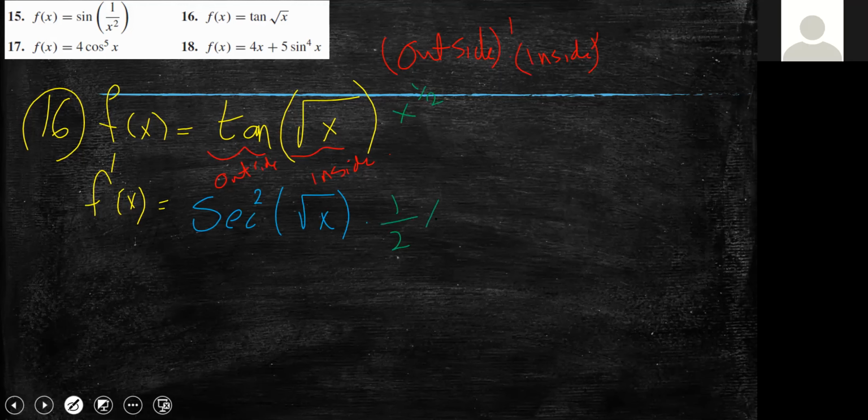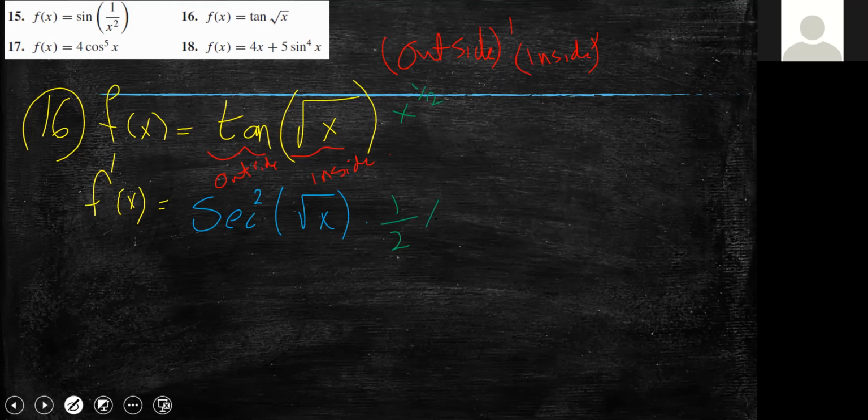Then it is f g prime plus g f prime. Where is f? It is x. So let's assume that f is x. So f prime will be 1.